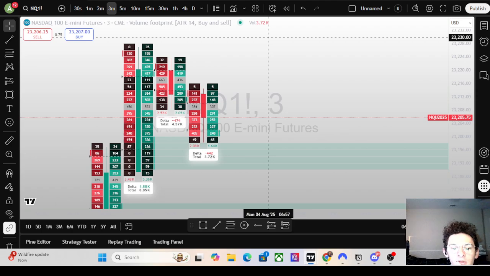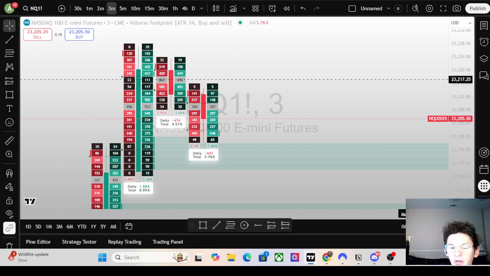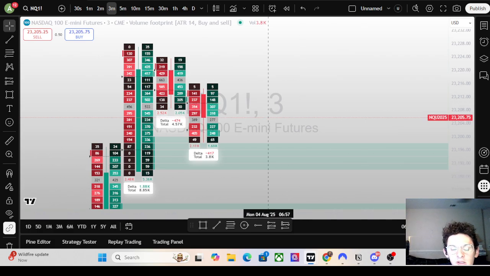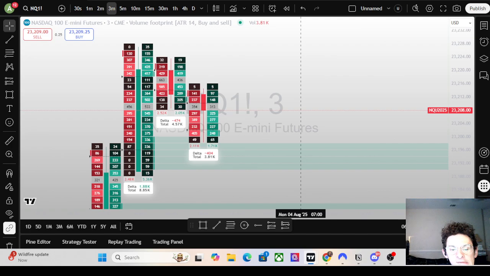We're having that bullish momentum, but I'm looking at it on the 1 minute also on my other screen. I don't know. Still seems good.